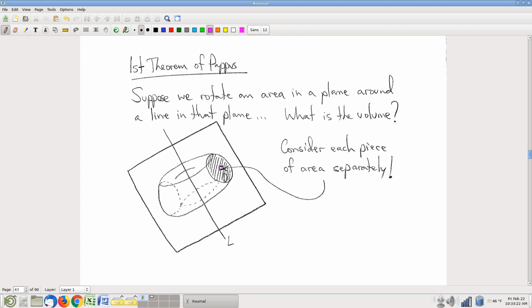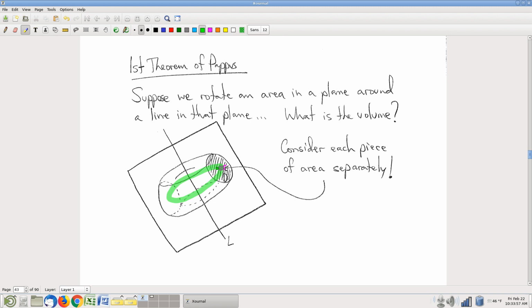Think about each little individual piece of area from a double integral Riemann sum point of view. And I argue, you have to appeal to your geometric intuition. If I were to take each one of those individual pieces of area, and individually rotate them around to make the little onion rings, if you look at all of the individual onion rings that you generate by taking all of those, I don't have any knives that will slice this way, right?